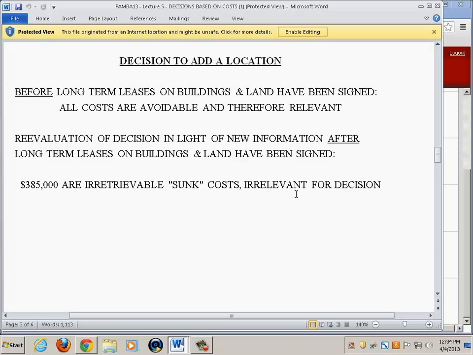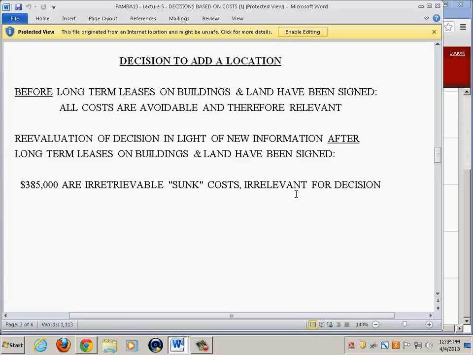Now, another idea is what happens if you add a location. Well, you add the location in stages. You add a new location. You have to prepare for the lease of the building and the land. So at some point you sign for the leases.